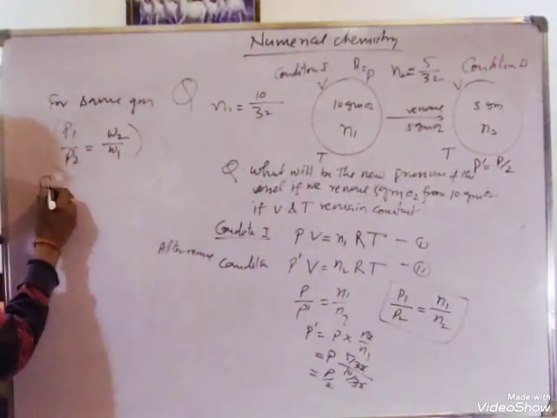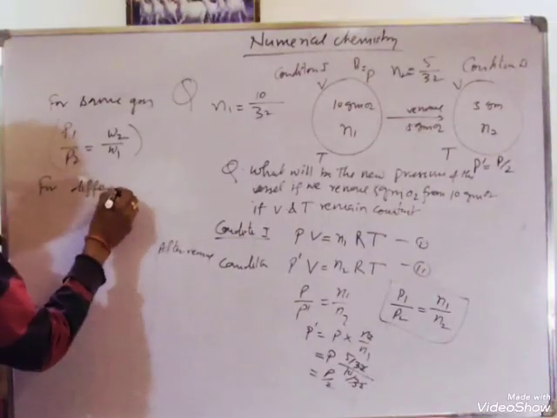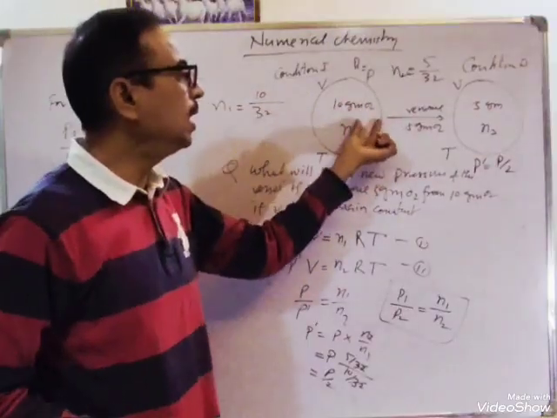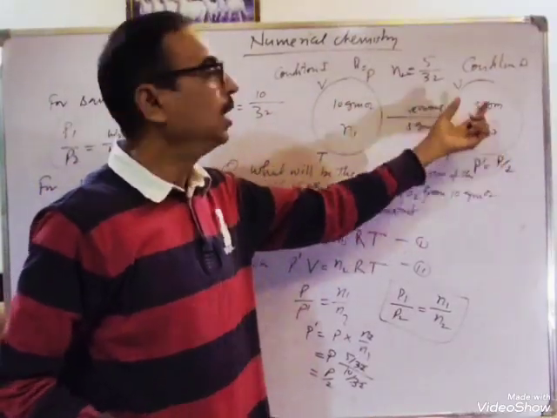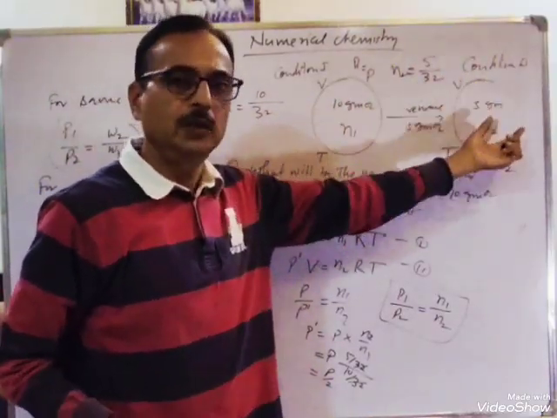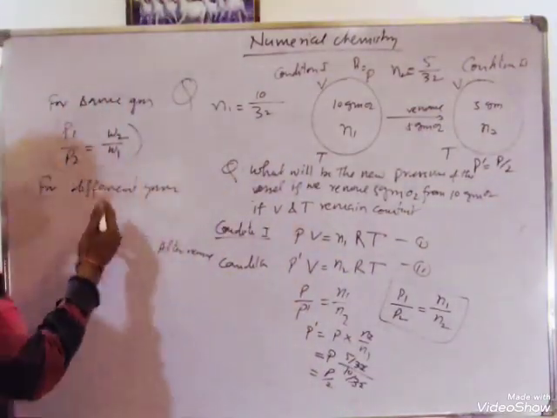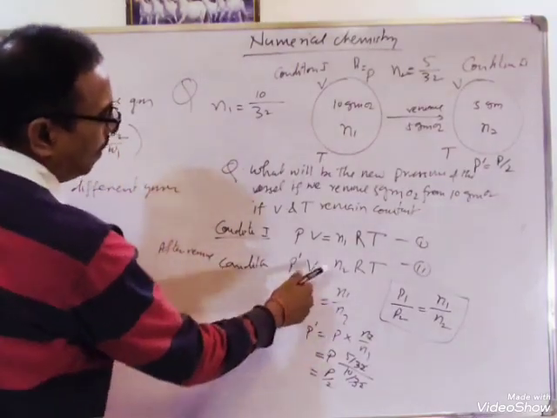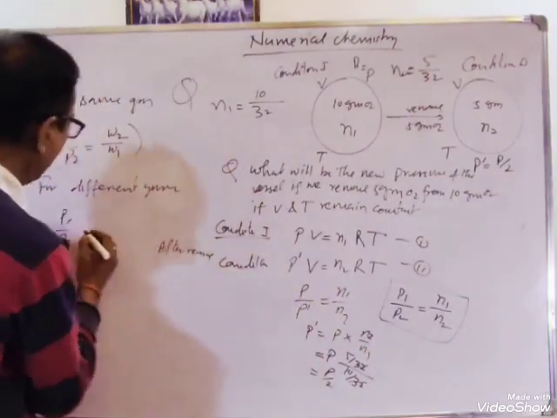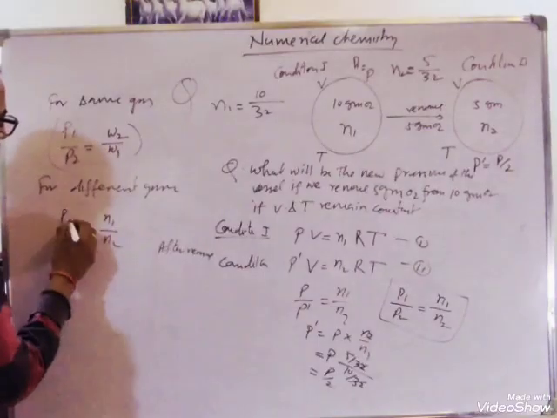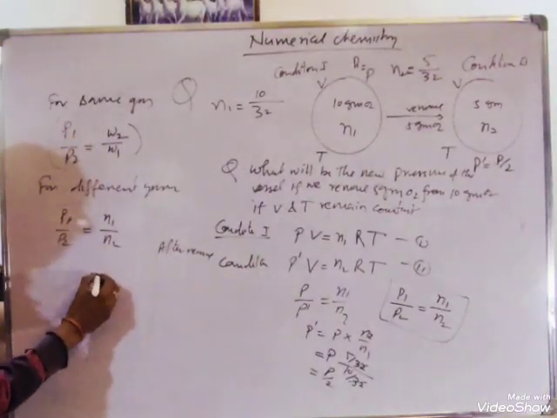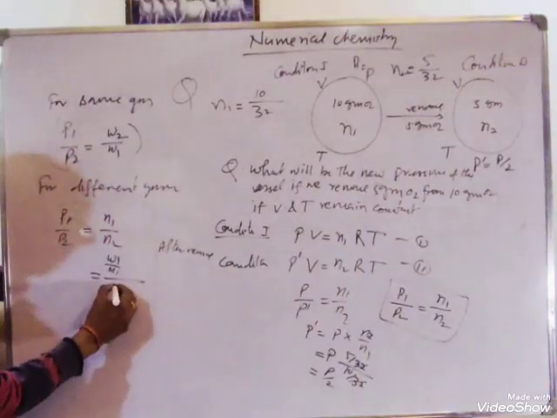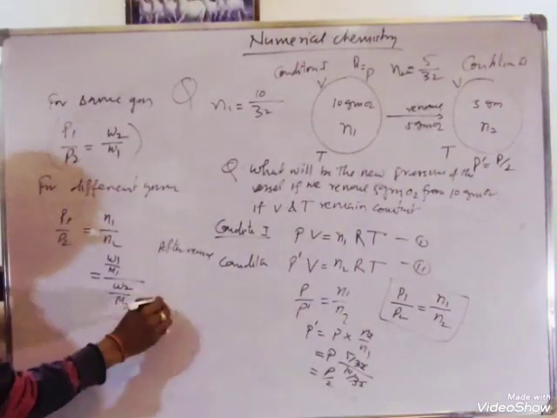And for different gases, different gases means here oxygen, in second case it may be nitrogen, it may be oxygen, it may be sulfur dioxide. So in different gases, P1 by P2 equal to N1 by N2, number of moles, first case divided by second case, and number of moles N1 is W1 by molecular weight M1, and N2 is the weight of second divided by molecular weight M2.